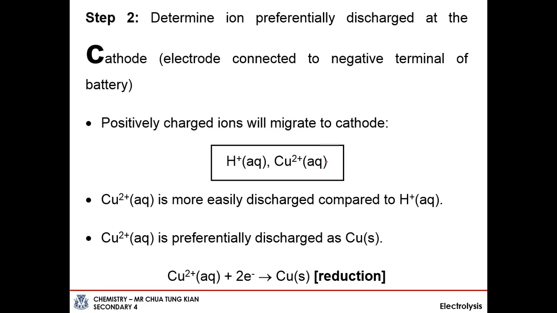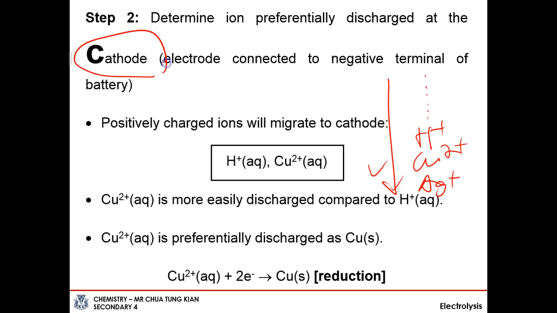And we know that Cu2+ is preferentially discharged compared to H+. Why? If you recall the series, it is H+, Cu2+, Ag+. So Cu2+ is more readily discharged, or preferentially discharged, compared to H+. So at the cathode, what happens? We have copper solid forming around the cathode.